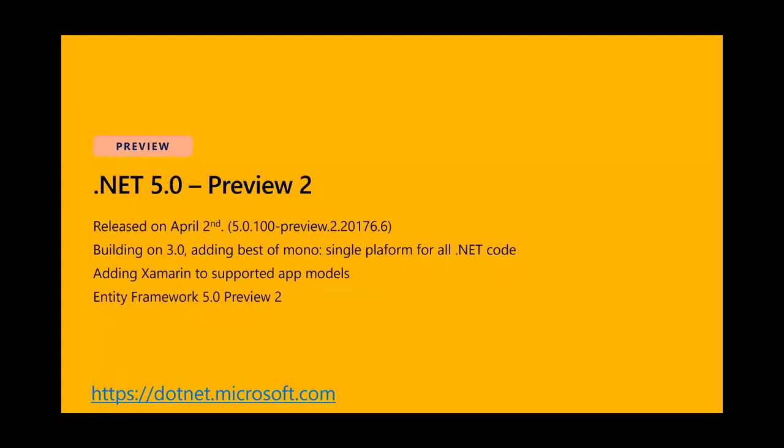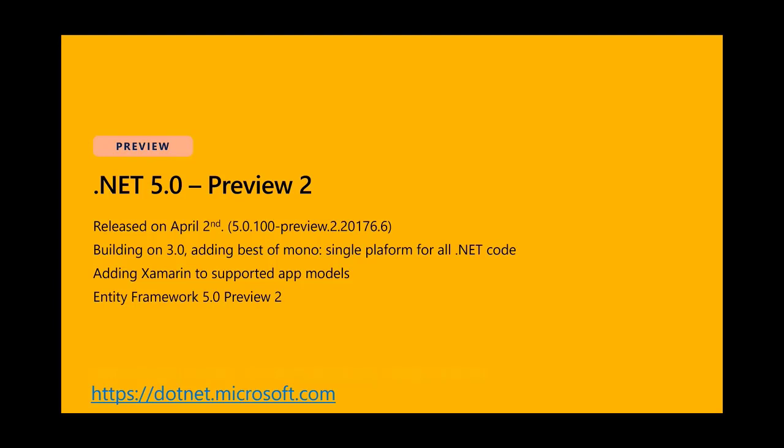So there have been some developments in .NET 5. Preview 2 just came out on April 2nd. .NET 5 will be the version of .NET that, when it ships or is generally available, will be referred to simply as .NET.